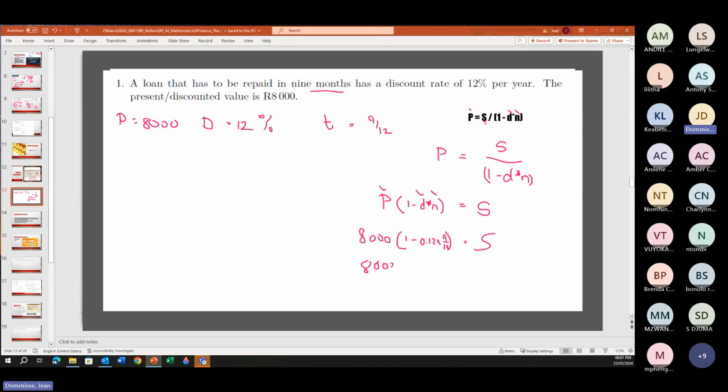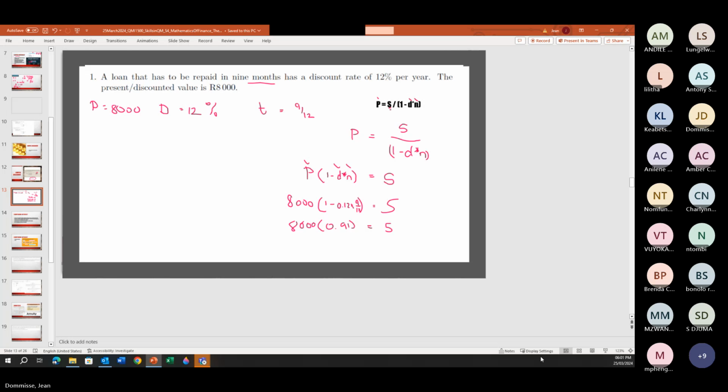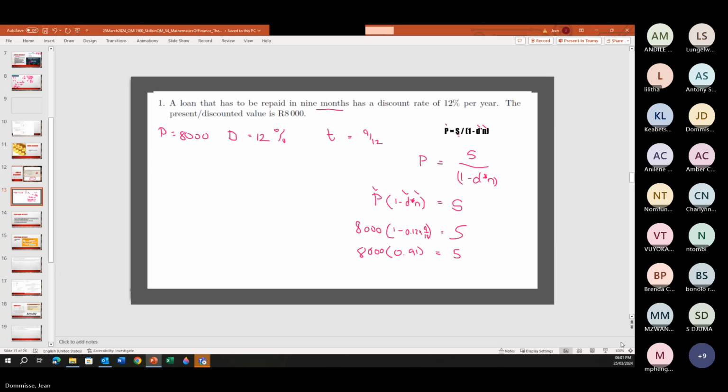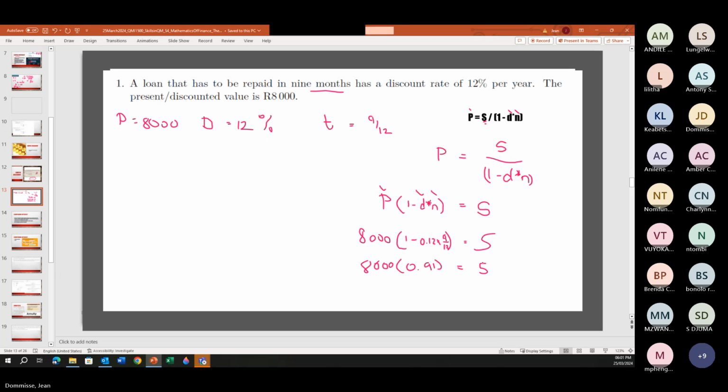If you later on watch the recording again, that we don't skip. So our value of S will be 7280.